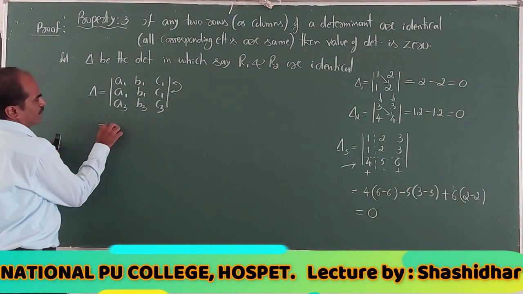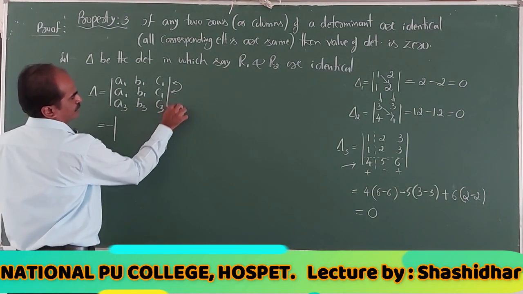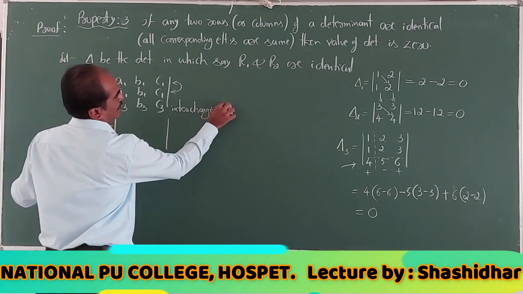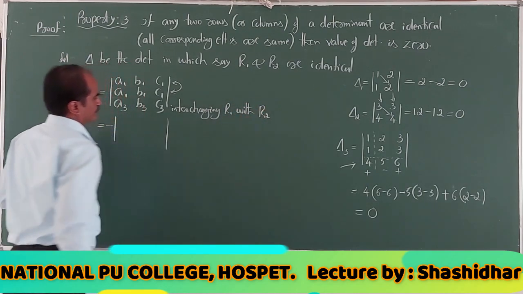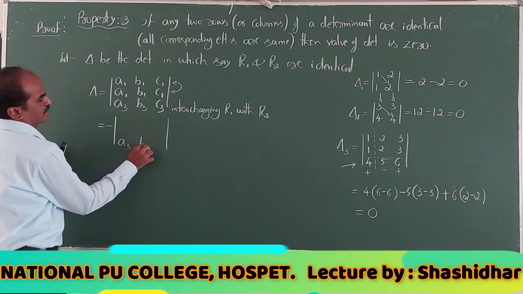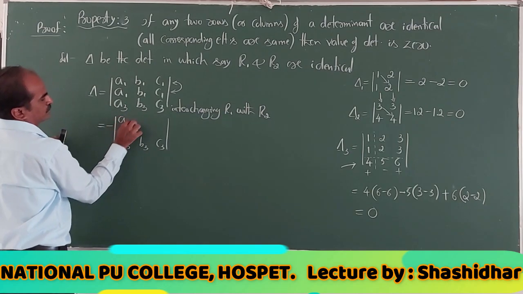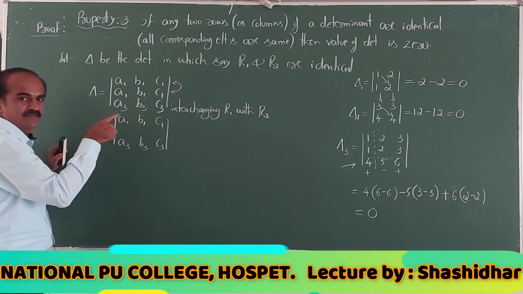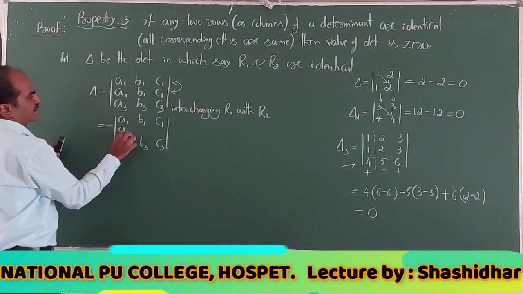So here I have to write minus of this determinant, interchanging R1 with R2. So negative of this determinant. Third row elements same. I am interchanging R1 with R2. Second row elements I have to write in first row. What are second row elements? A1, B1, C1. Write it in first row. First row elements in second row.